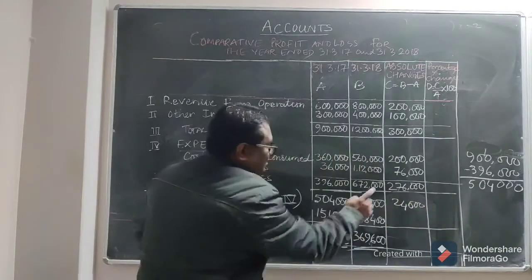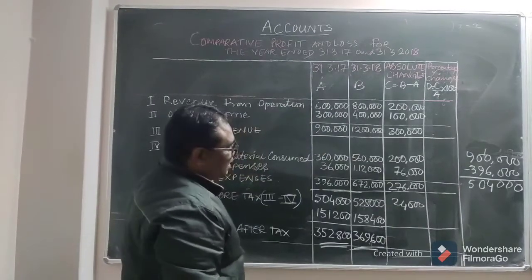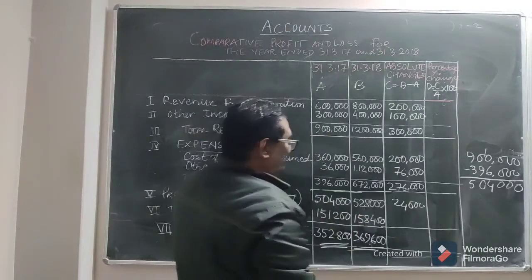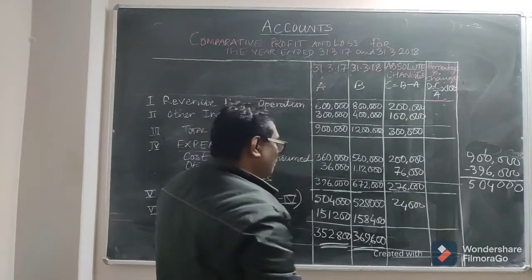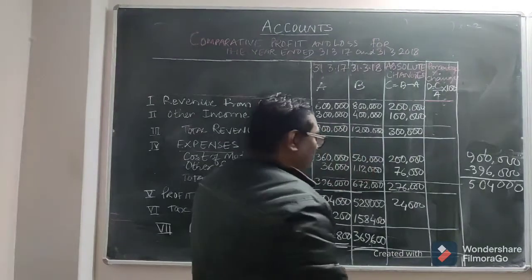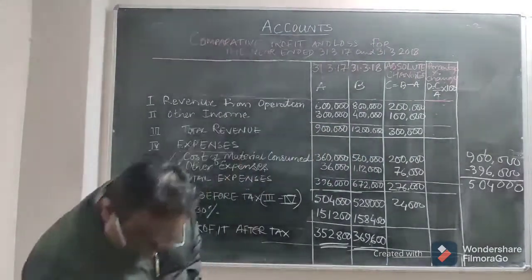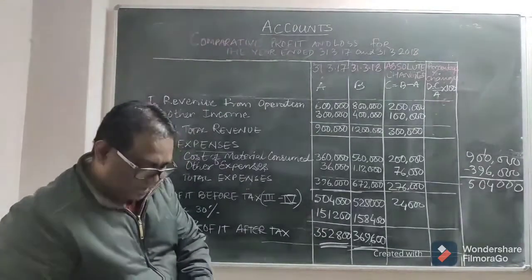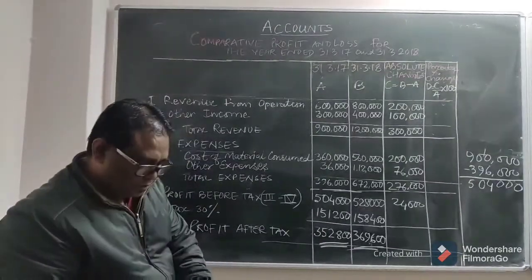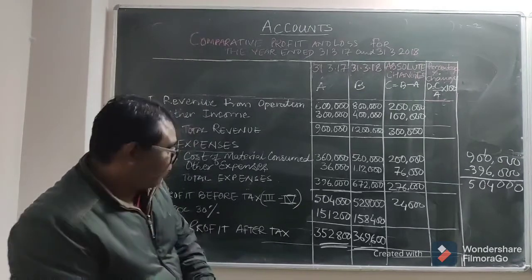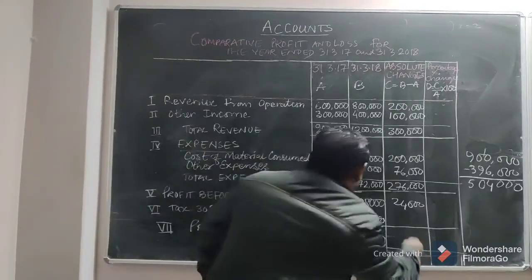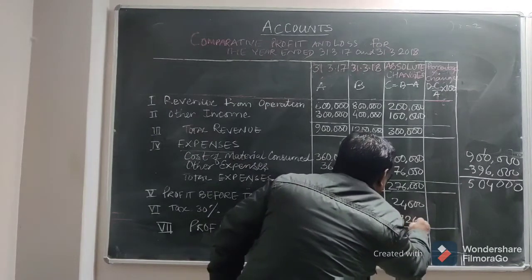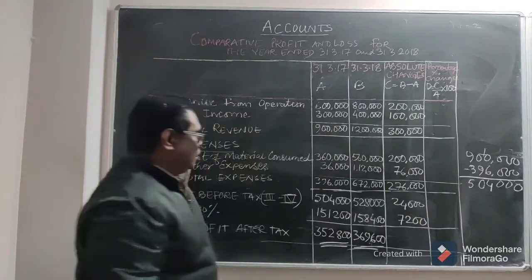All we are doing is finding column C by deducting column A from column B. Here also, 1,58,400 minus 1,51,200 gives 7,200.